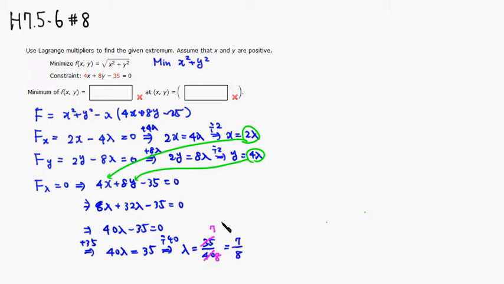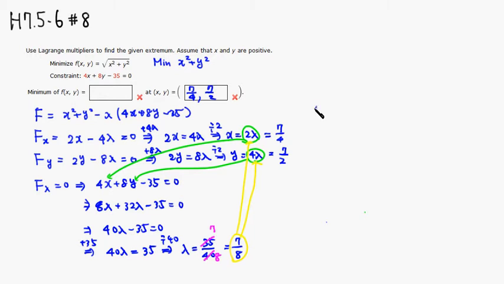Which means from here, we can just plug this back in here and there. So we get 7 over 4, and 7 over 8 multiplied by 4 cancels to 7 over 2. So we have 7 quarters and 7 halves.